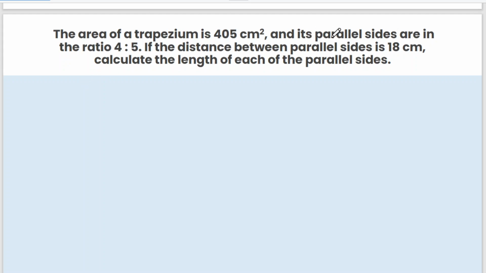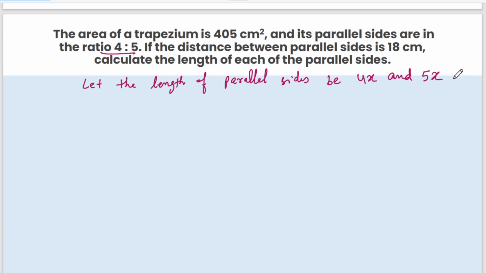We have got the parallel sides in the ratio. So we can consider this as: let the length of the parallel sides be 4x and 5x respectively.